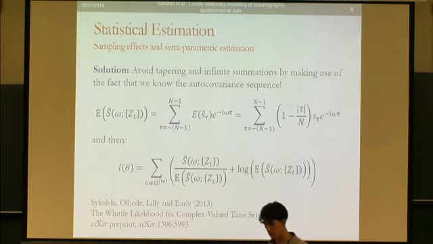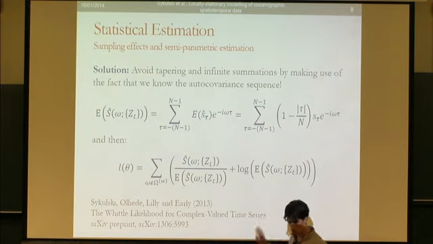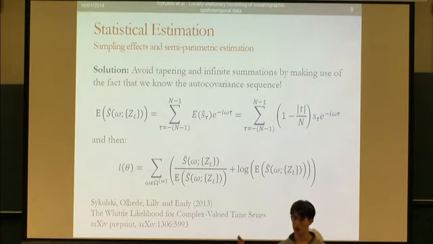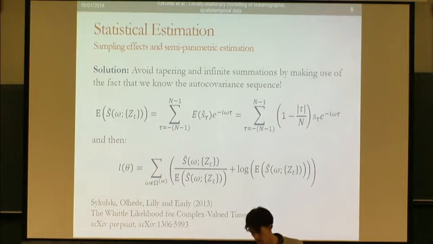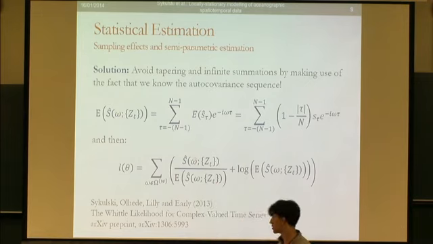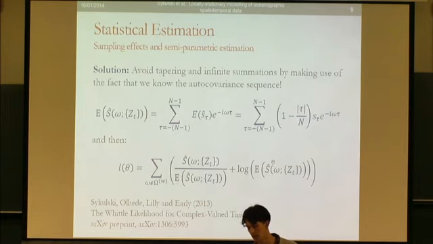And in another preprint from last year, we argue on theoretical grounds and using simulations that this leads to better results and removes the bias caused by aliasing and leakage, as opposed to the traditional Whittle likelihood where you'd use the true spectrum there. So it's an adjustment which, for small samples especially, creates significantly reduced bias and variance in our parameter estimates.